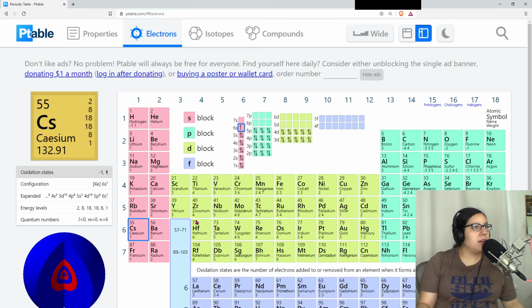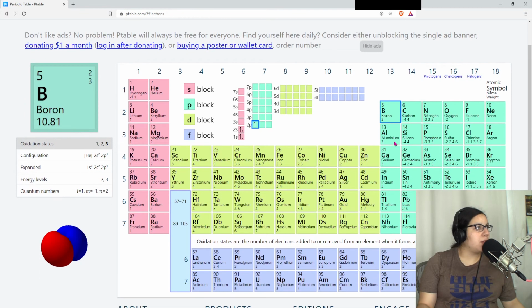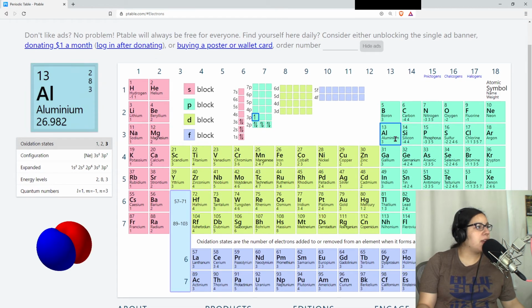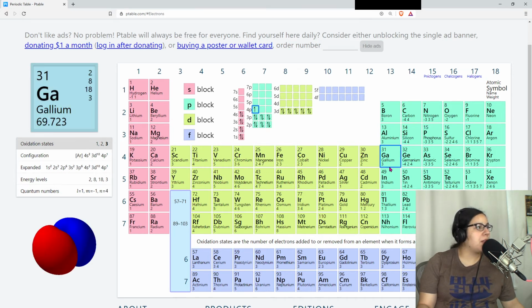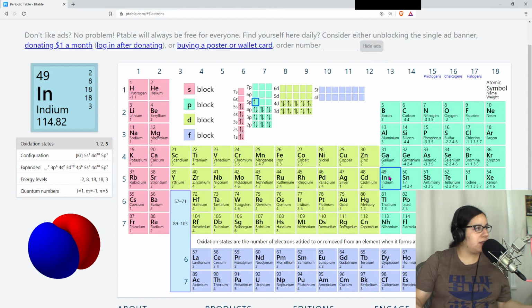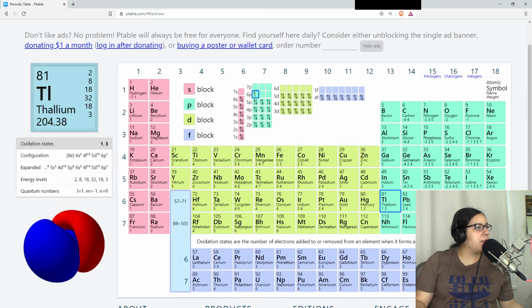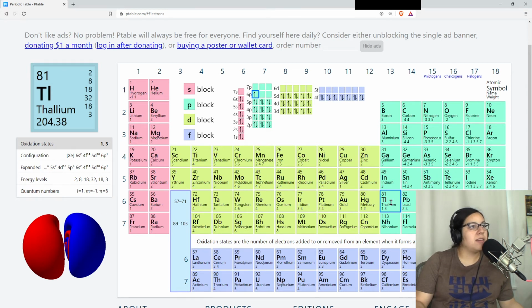It's a little harder to see with the p orbitals, obviously, but it's kind of the same. You can't even see the onion rings, but p orbitals are in onion ring form as well. Oh, there you can kind of see it with thallium. Again, we're only caring about the valence electrons. In this case, we might have to do some numbering: 2p, 3p, 4p, 5p, 6p.